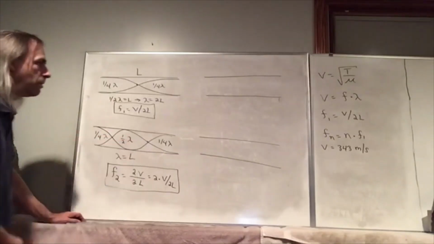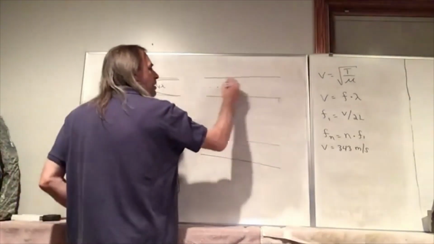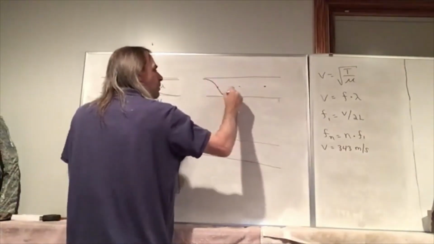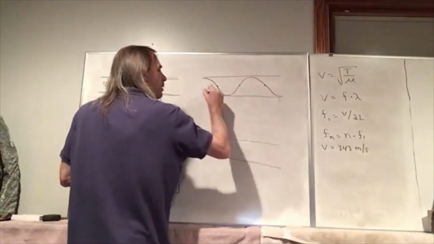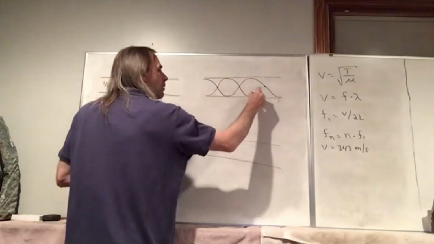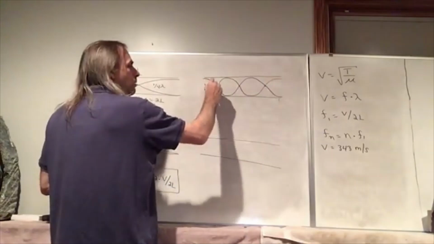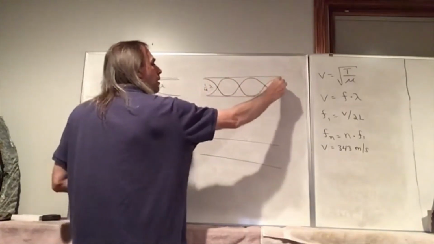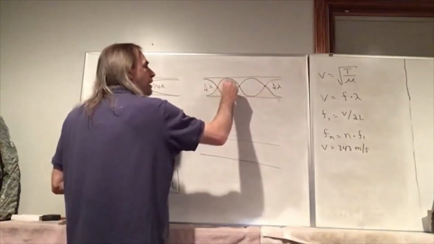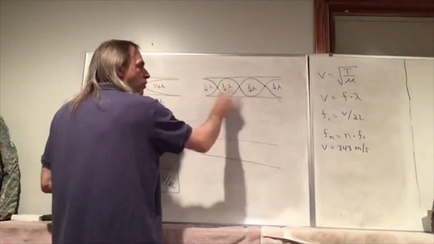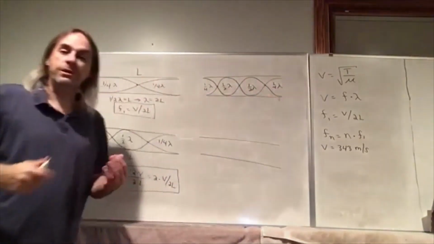So here we have 2 nodes. Let's put 3 nodes in the middle. And so here, this is a quarter, this is a quarter. Each of these is a half. So a quarter and a quarter is a half, and that's a full wavelength.